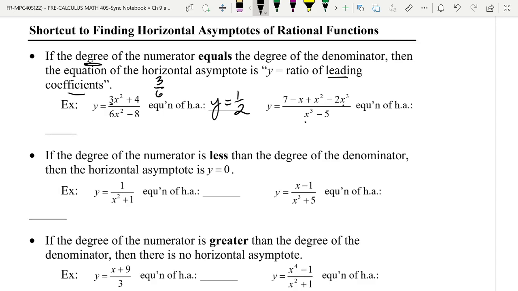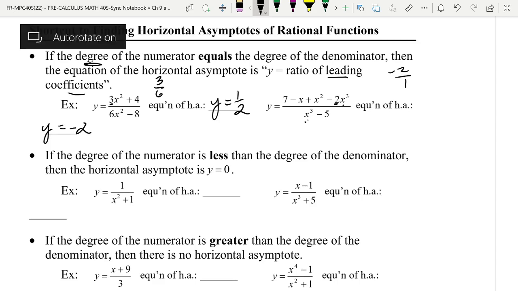Those have to count first. So the leading coefficient is -2 on the top and 1 on the bottom, so the equation of the asymptote is y equals -2.